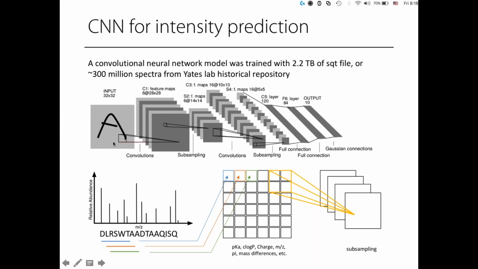In image processing, a convolution means you can adjust the contrast, do a compression, do averaging and so on. For this data, predicting the intensity from the sequence, we think the convolution should be something that has a physical meaning.